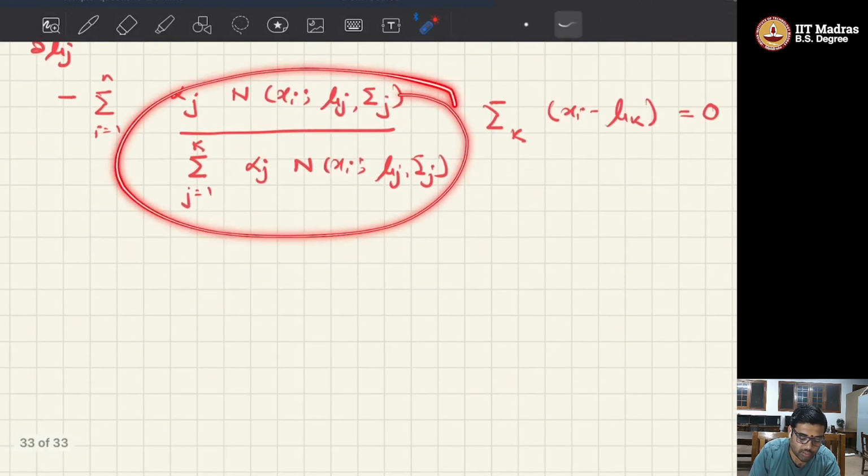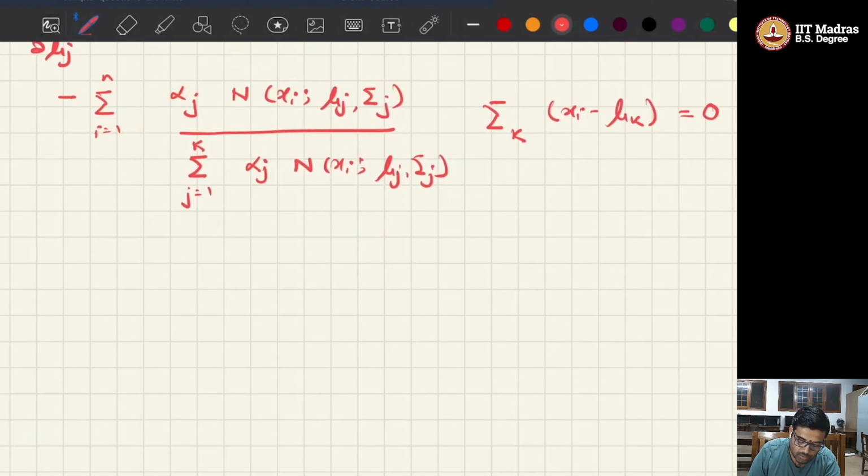Now we know this term already. Now this will be summation i equal to 1 to n, gamma ij sigma k inverse, xi minus mu k equal to 0.